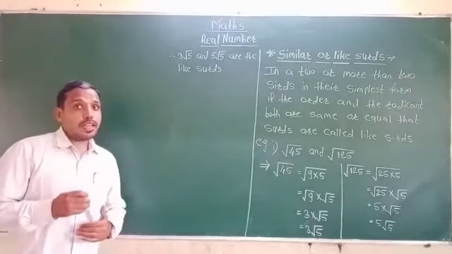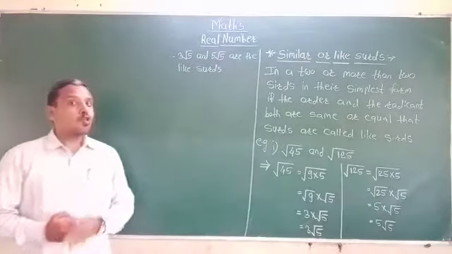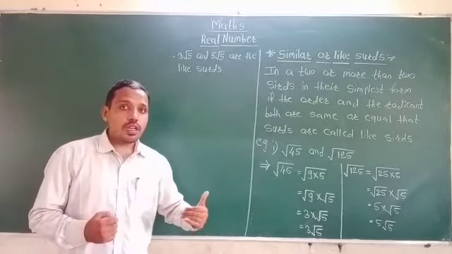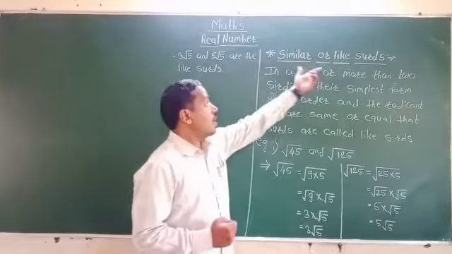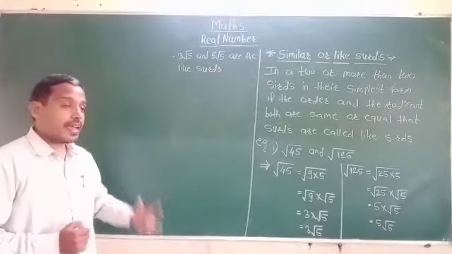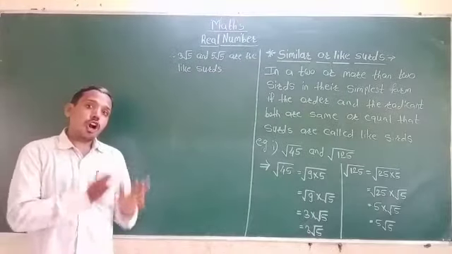You may say that 3 and 5 are different coefficients. The coefficient plays no important role in similar or like surds. The important role is played only by the radicand and the order.